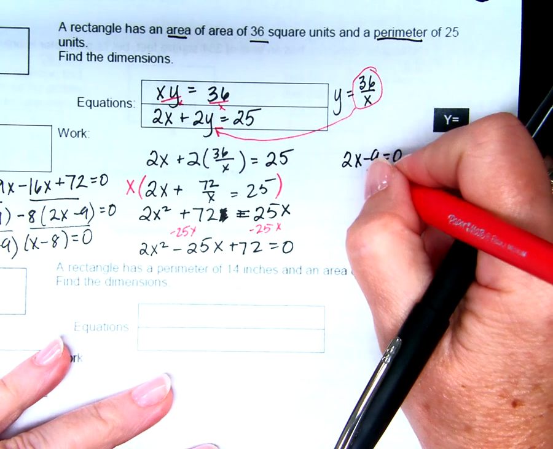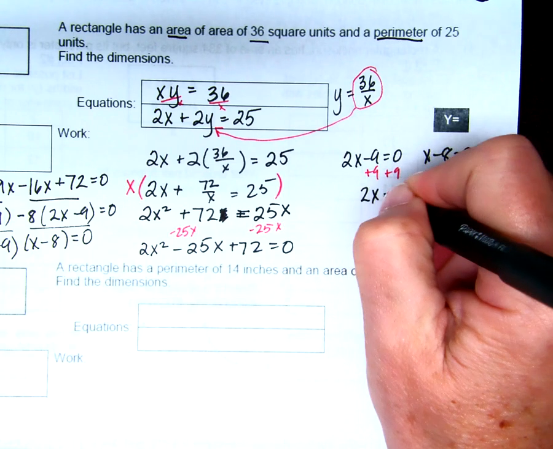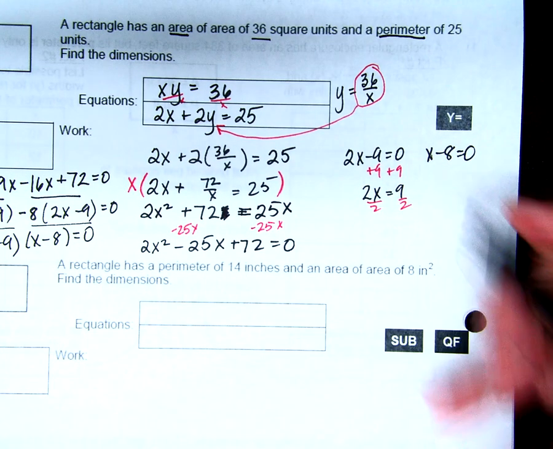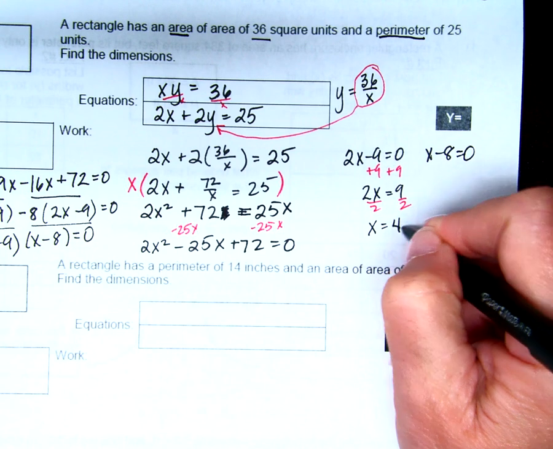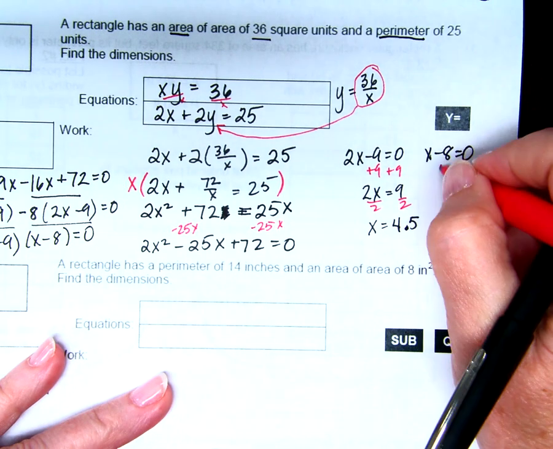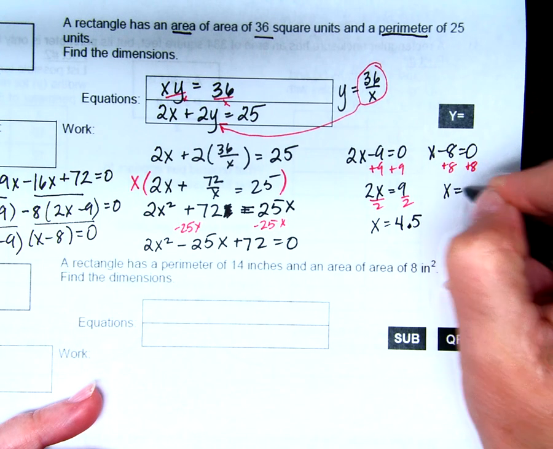So if I add 9 to both sides, I get 2x equals 9. And then dividing both sides by 2 gets me x equals 4.5. And then here, if I add 8 to both sides, x equals 8.